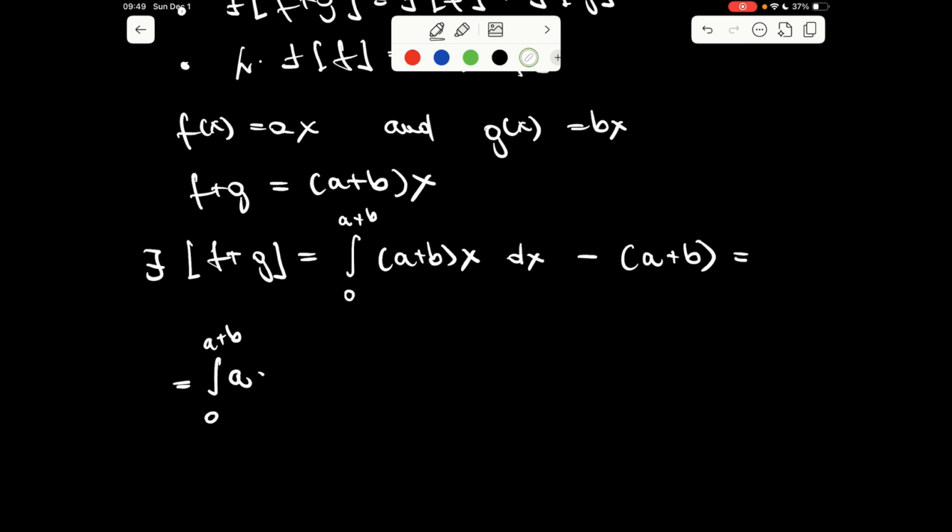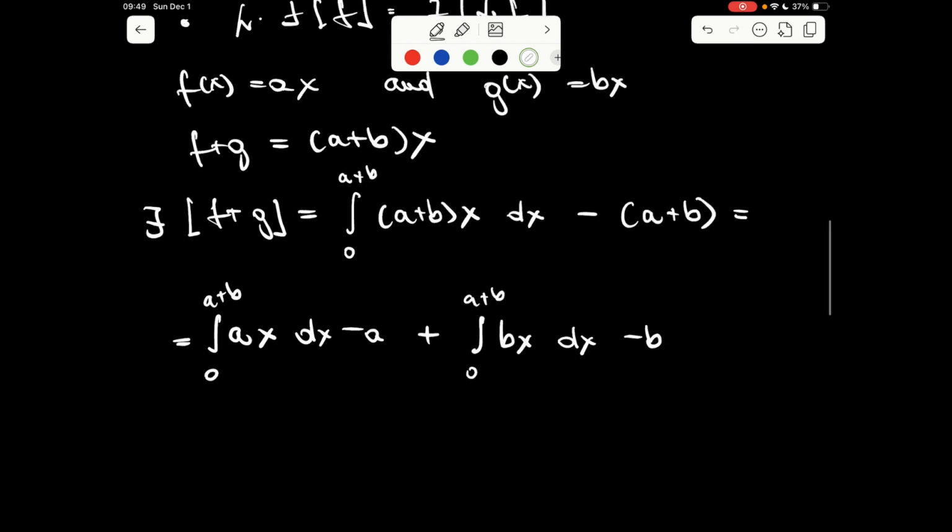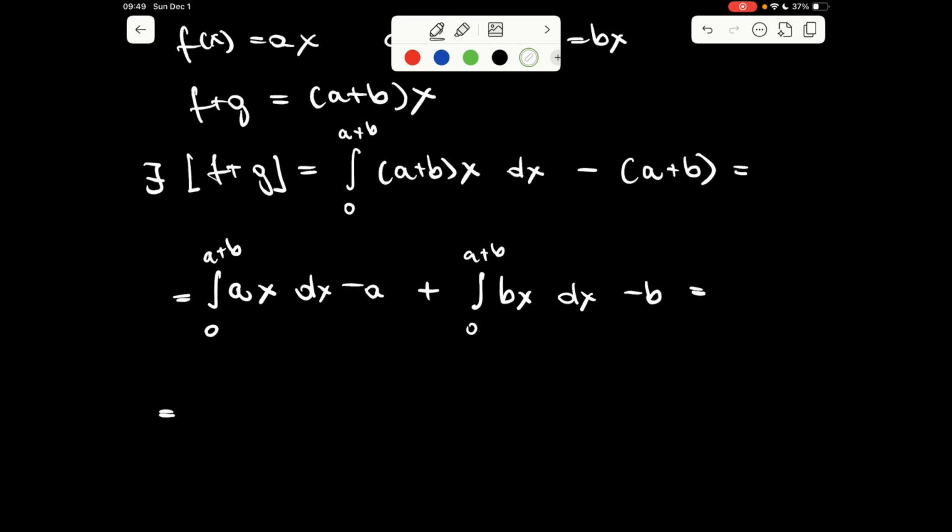We have the integral of ax dx minus a plus, ranging from 0 to a plus b, the integral of bx dx minus b. And we can factor out a and b.